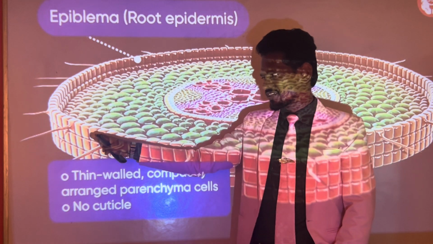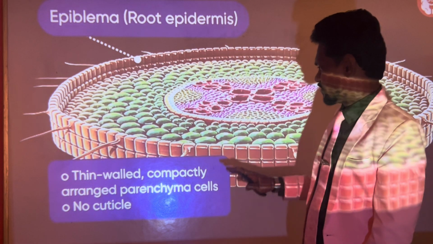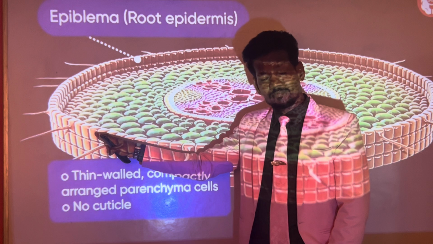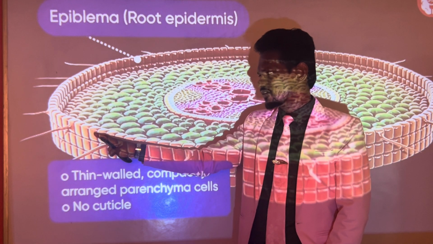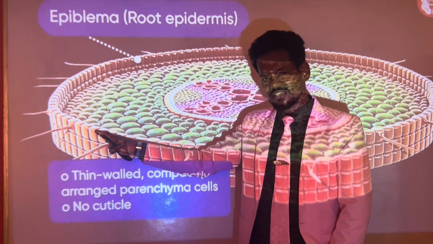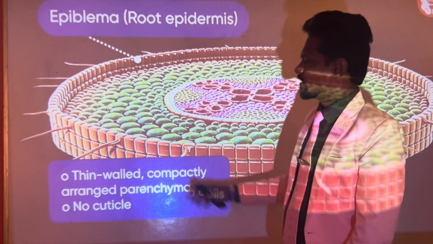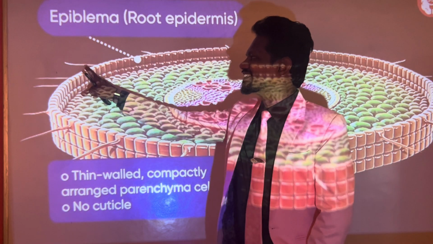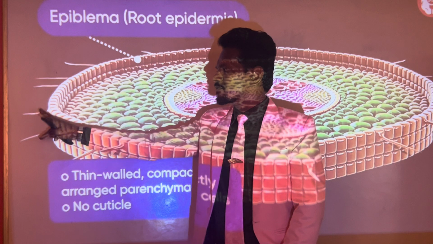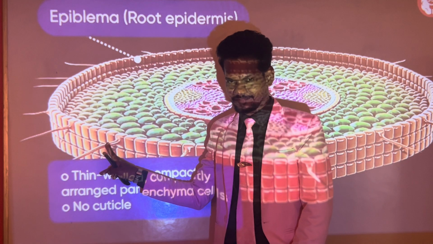So the first, outermost part of the TS of dicot root is known as epiblema or epidermis. Additionally, here and there epidermal outgrowths can be seen, known as root hairs.